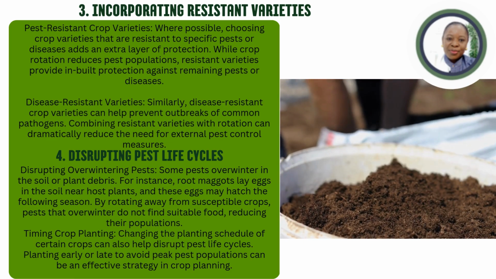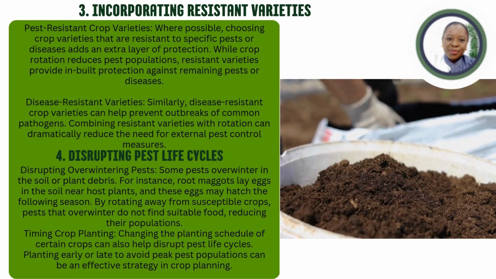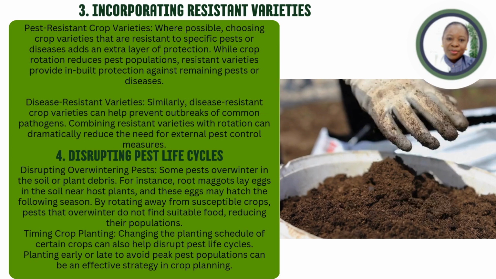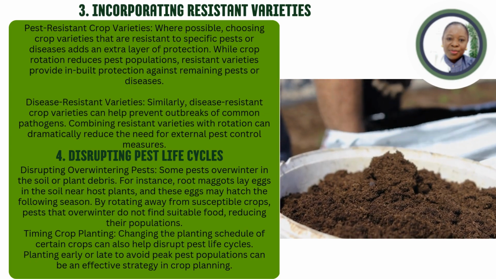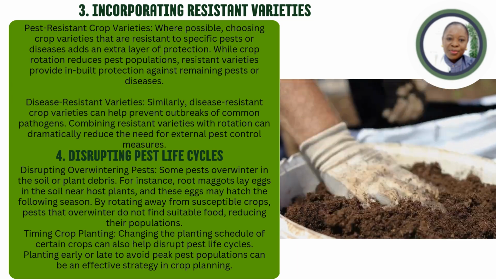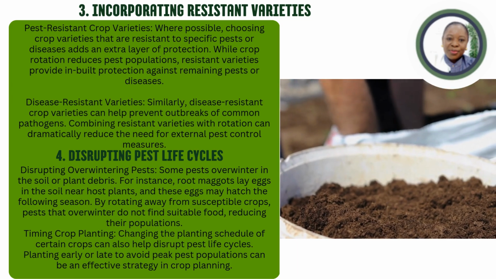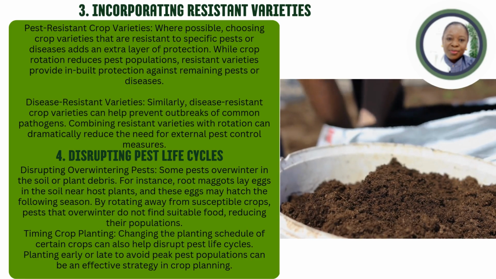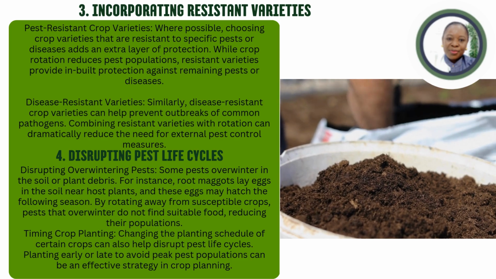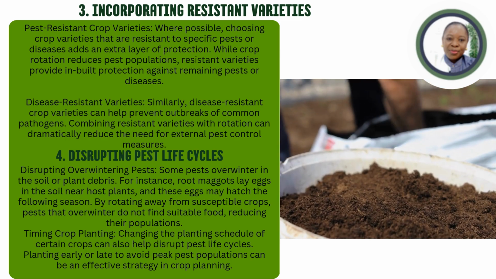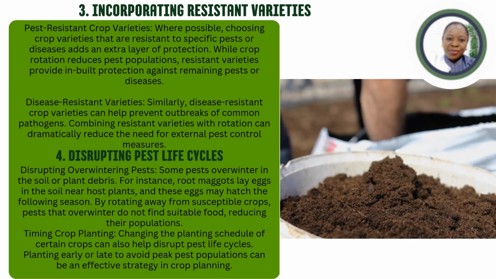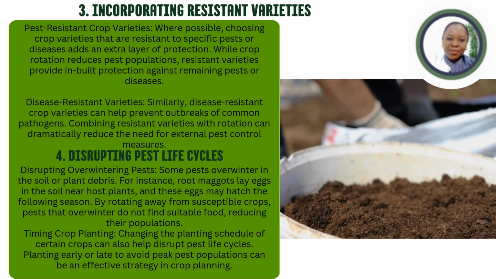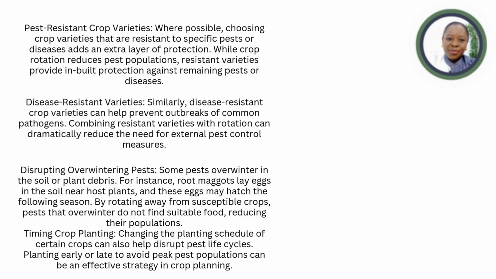By rotating away from susceptible crops, pests that overwinter do not find suitable food, reducing their population. Timing crop planting. Changing the planting schedule for certain crops can also help disrupt pest life cycles. Planting early or late to avoid peak pest population can be a very effective strategy in crop planning.